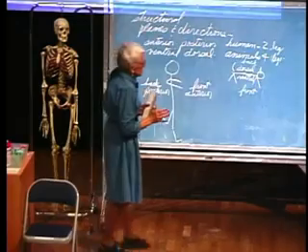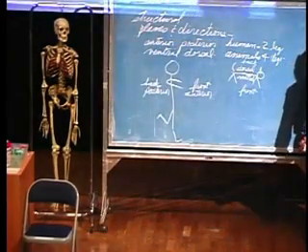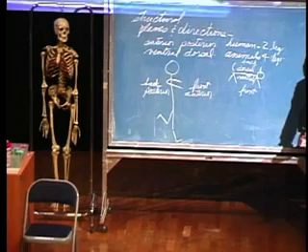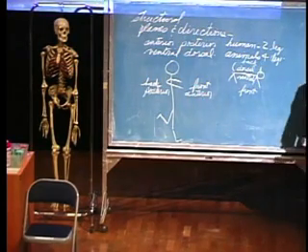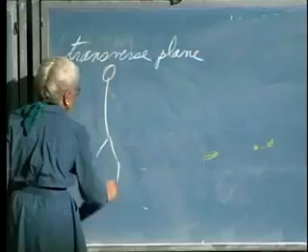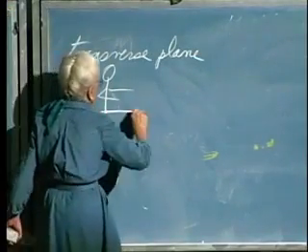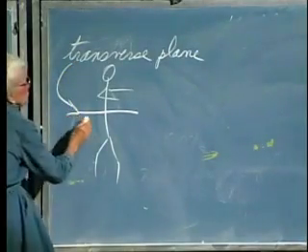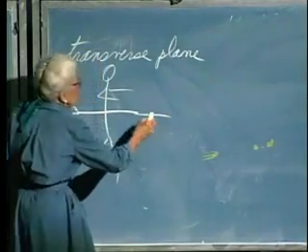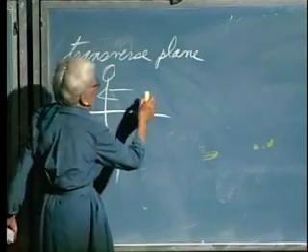One other terminology, this will be what's called a transverse plane. So if I have my individual, we take a plane that goes straight across. That's called transverse. So everything above the transverse will be superior.